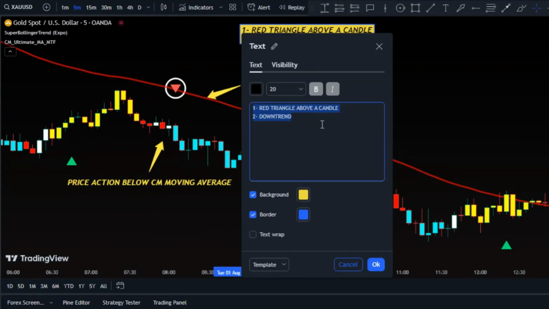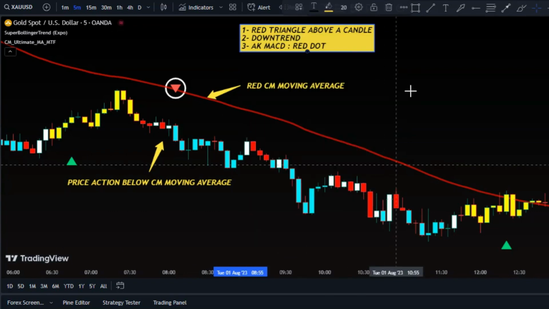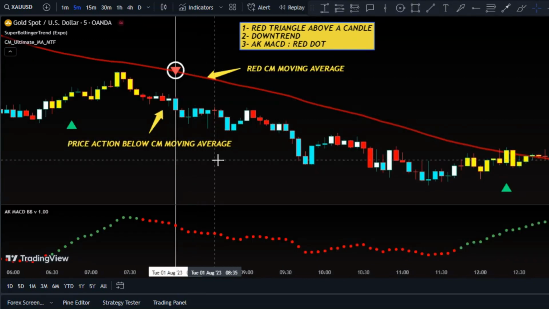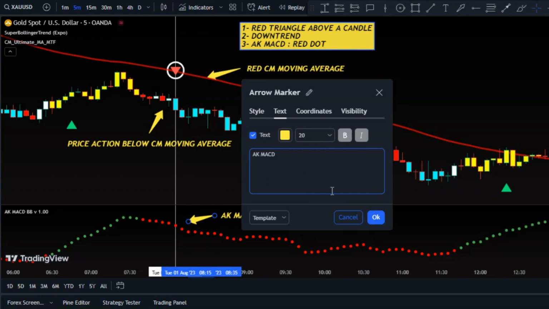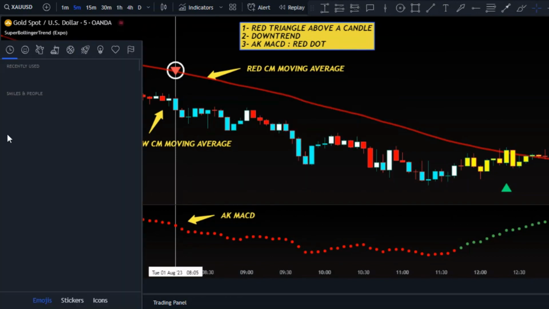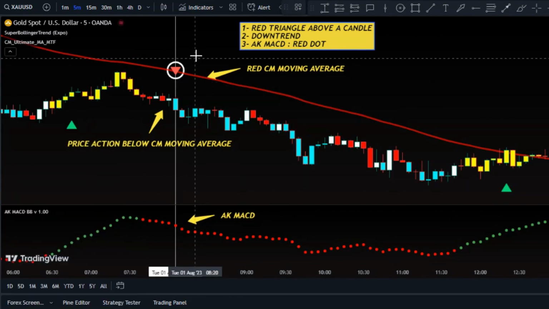For the triple confirmation, the AK MACD indicator needs to bless the idea with a red dot. Once you've got the full green light from all three, the signal is locked and loaded.